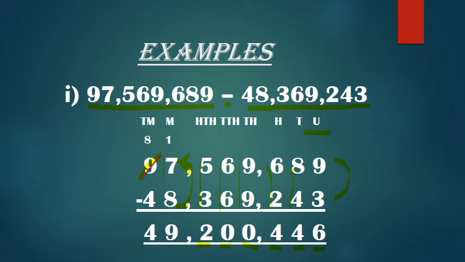So now we subtract 8 from 17, so we get 9. And lastly, we subtract 8 minus 4, we get 4. So the answer is 49,200,446.